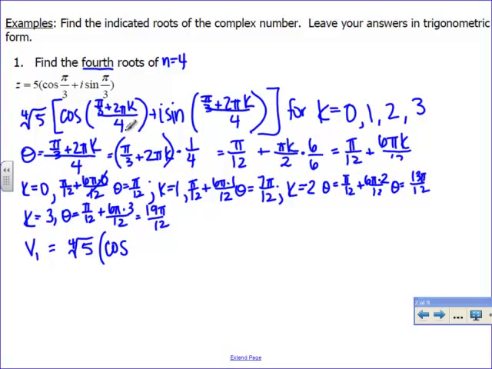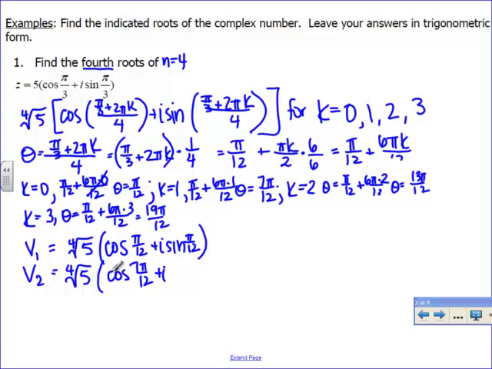Now I've simplified this fraction, and I know what the first one should be. It should be 1 pi over 12. So cosine of pi over 12 plus I sine of pi over 12. Then I go on to my second root, which is still the 4th root of 5, but this time my k would be 1, and I'd have 7 pi over 12. Cosine of 7 pi over 12 plus I sine of 7 pi over 12.